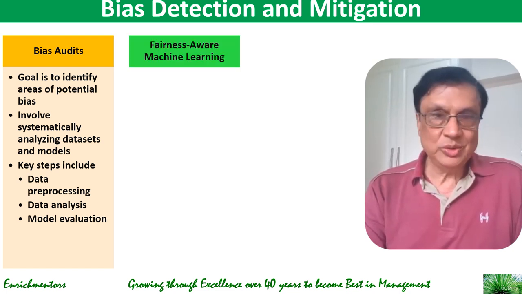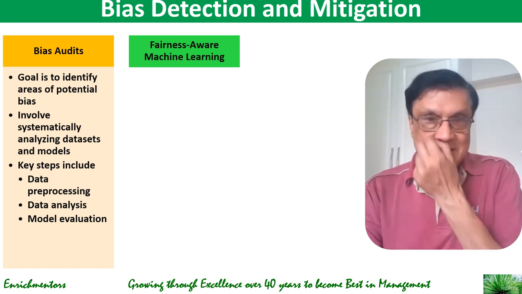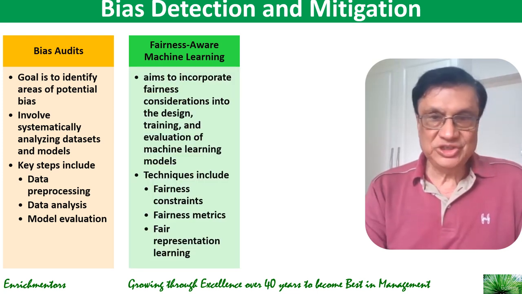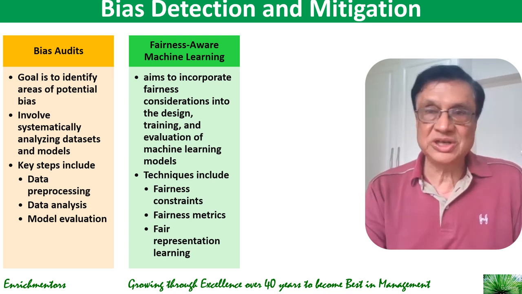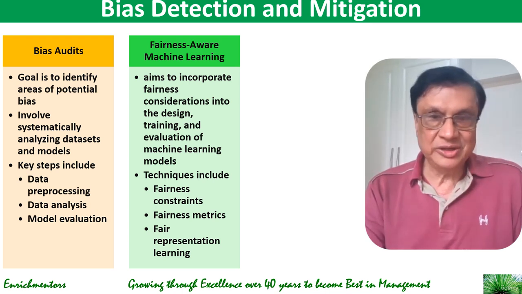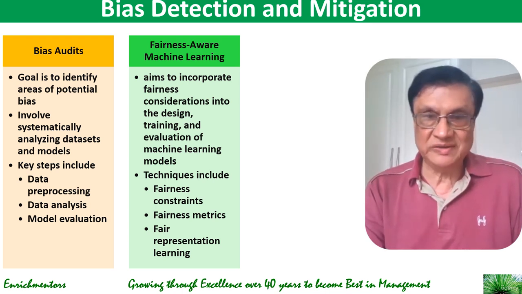Then you need to look at fairness-aware machine learning. How can you use that to do bias detection and mitigation? Fairness-aware machine learning basically aims to incorporate fairness considerations in the design, training, and evaluation of the machine learning model. There you use certain techniques like fairness constraints, which introduce fairness constraints or objectives into the model optimization process.